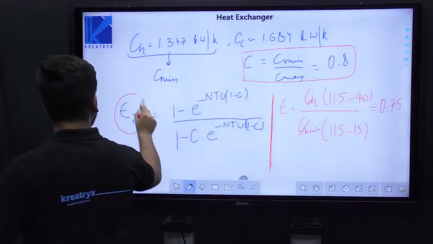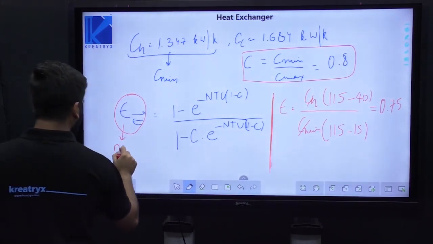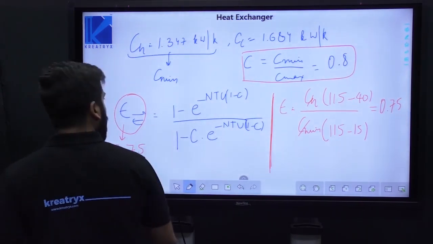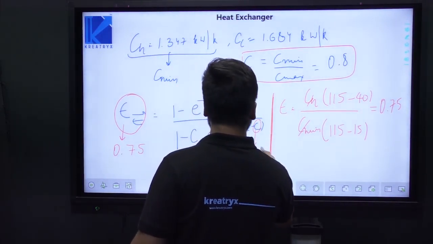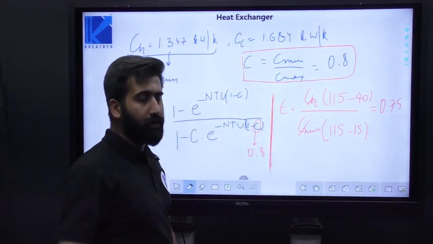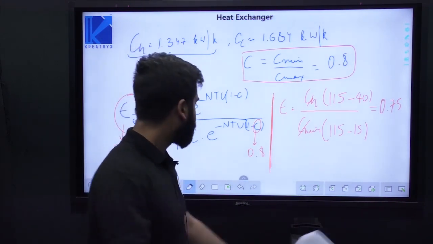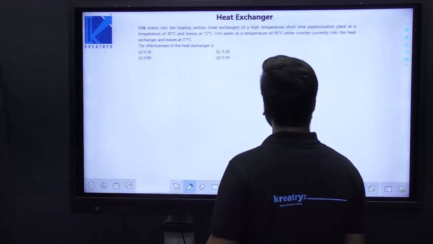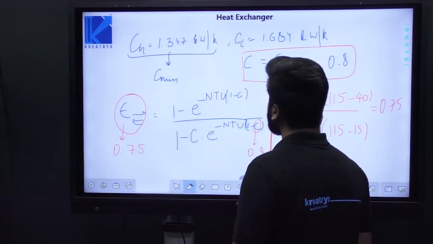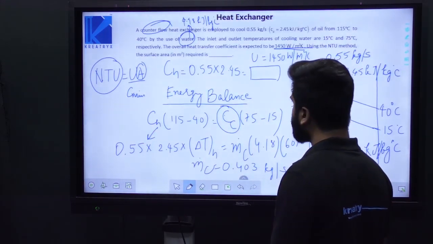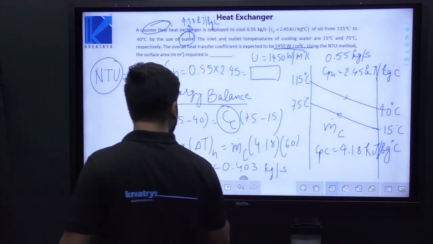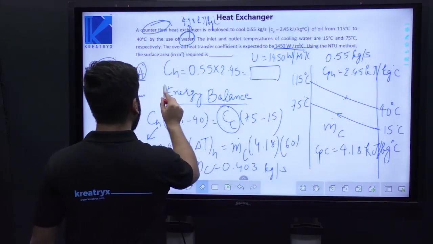Now this is 0.75, and this c is 0.8. Everything you know, so you can find out NTU. I don't have the space, so I will remove this energy balance.